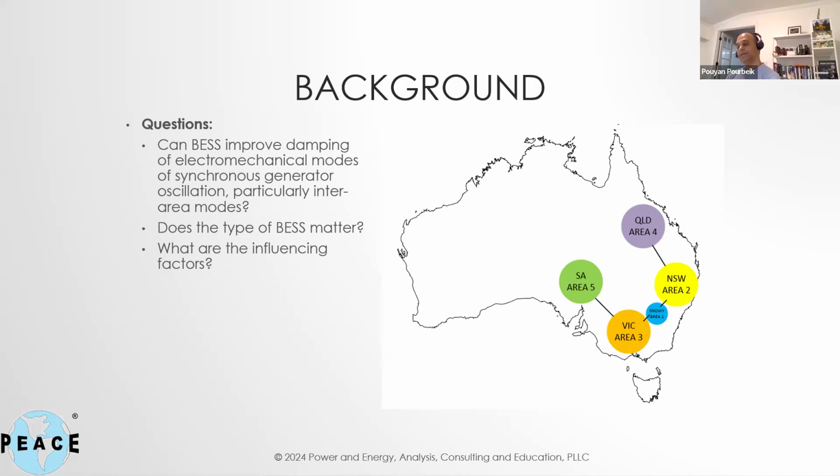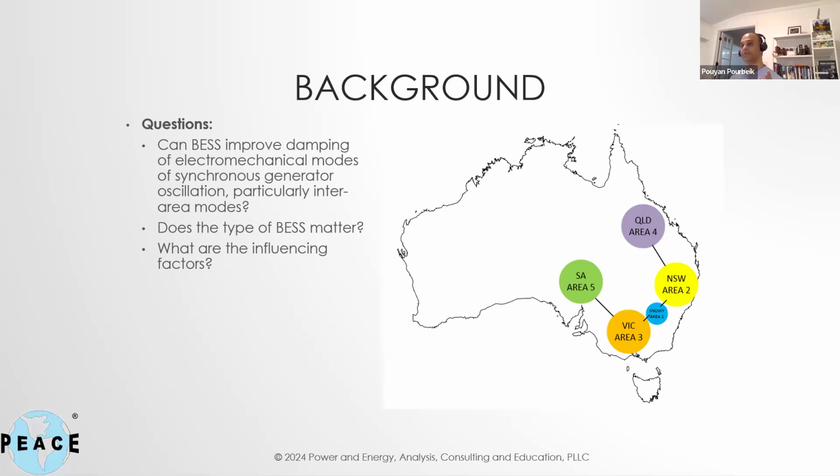Just maybe take one step back to define that so we're all on the same page. This is something we've known for decades and decades. The original papers were by folks like DeMello and Concordia in 1969 on this whole concept of when you have synchronous generators throughout a system, like any dynamic system, you'll have modes of oscillation between these synchronous plants.